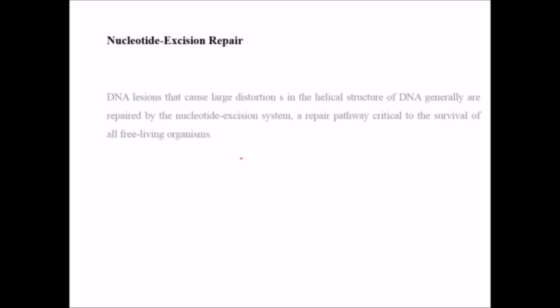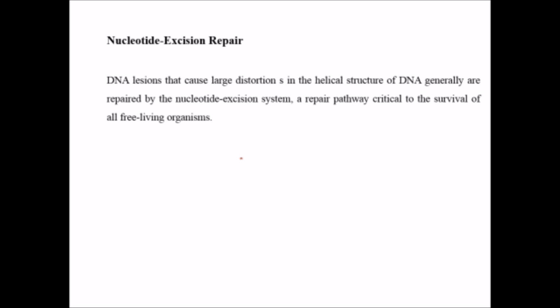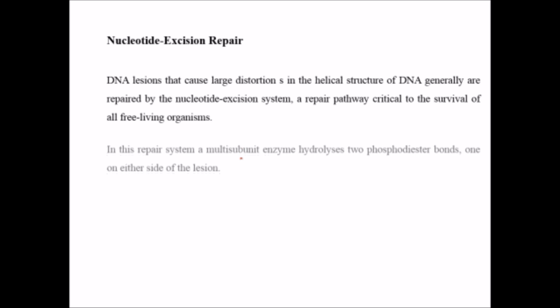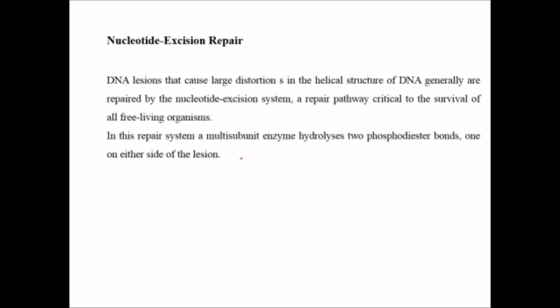DNA lesions that cause large distortion in the helical structure of DNA are generally repaired by the nucleotide excision system, a repair pathway critical to the survival of free living organisms. In this repair system, a multi-subunit enzyme hydrolyzes two phosphodiester bonds, one on either side of the lesion, where the DNA is damaged.